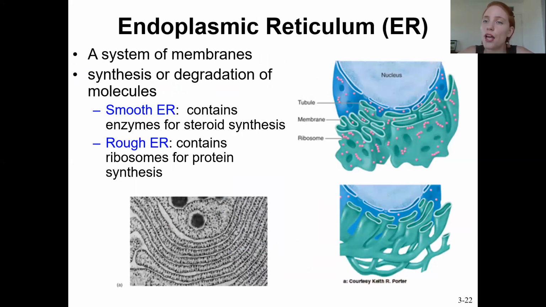The other thing to look at is the location in the cell. The endoplasmic reticulum, if you look carefully here, the membrane that makes up the endoplasmic reticulum is continuous with the nuclear envelope of the nucleus.